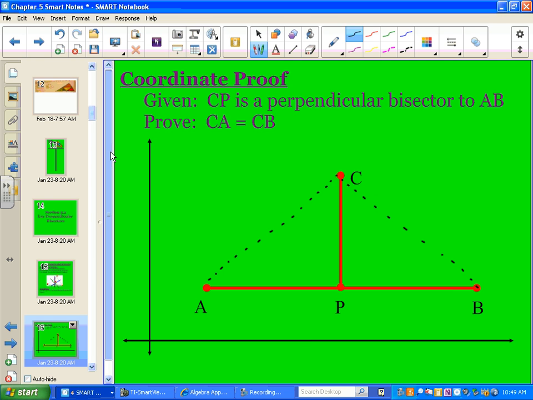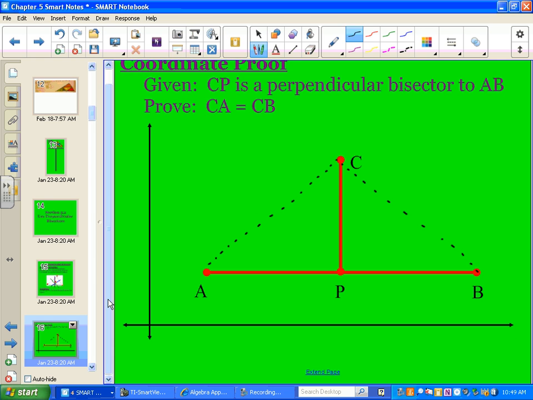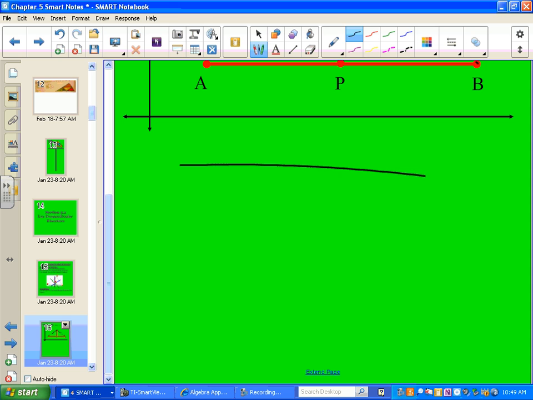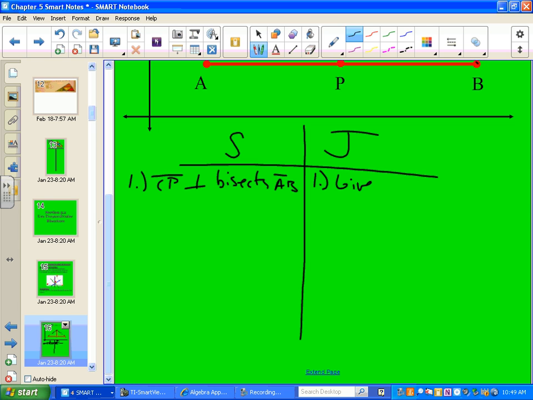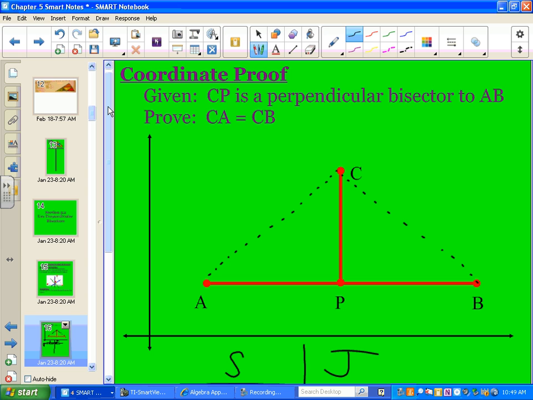So we're given here that CP is a perpendicular bisector to AB. And we want to prove that CA equals CB.